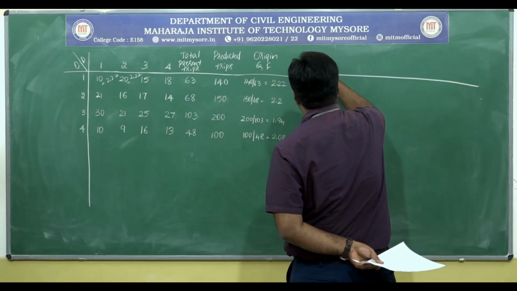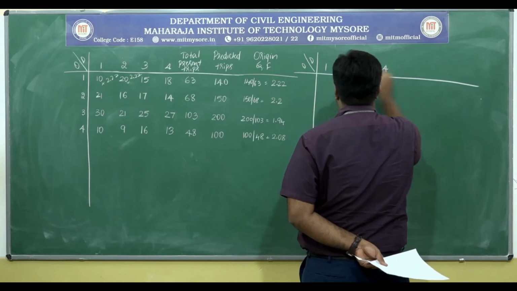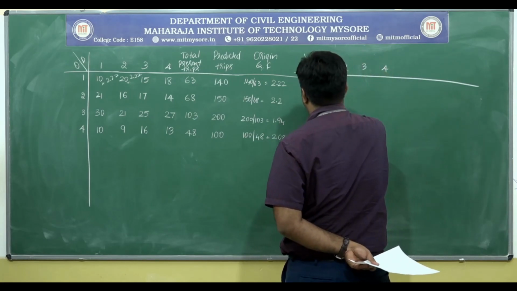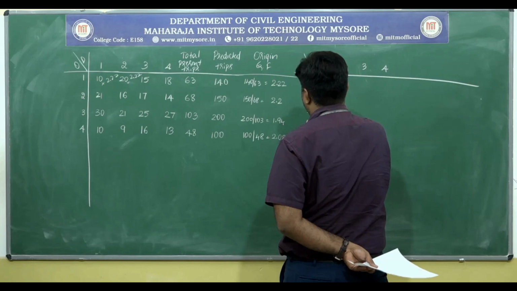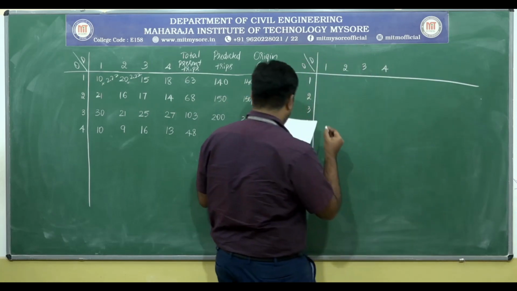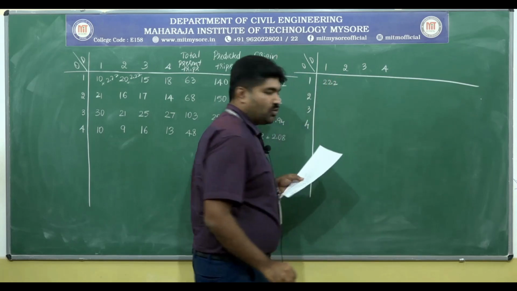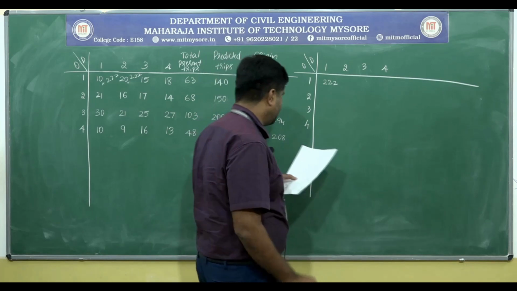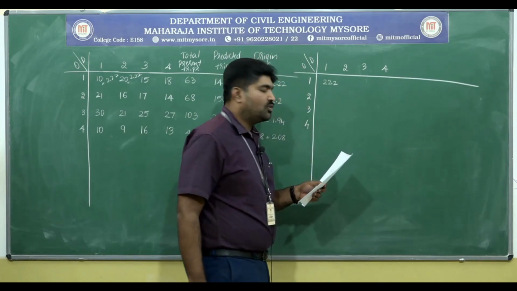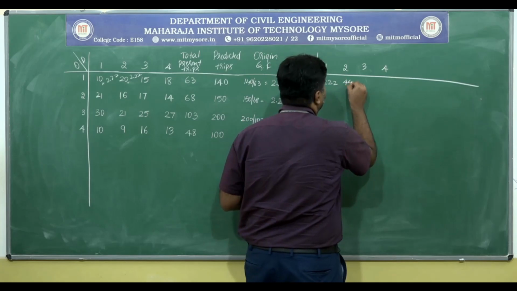Origin, destination, 1, 2, 3, 4. For row 1: 10 into 2.22, you will get 22.2. Next, 20 into 2.22, you will get 44.44.